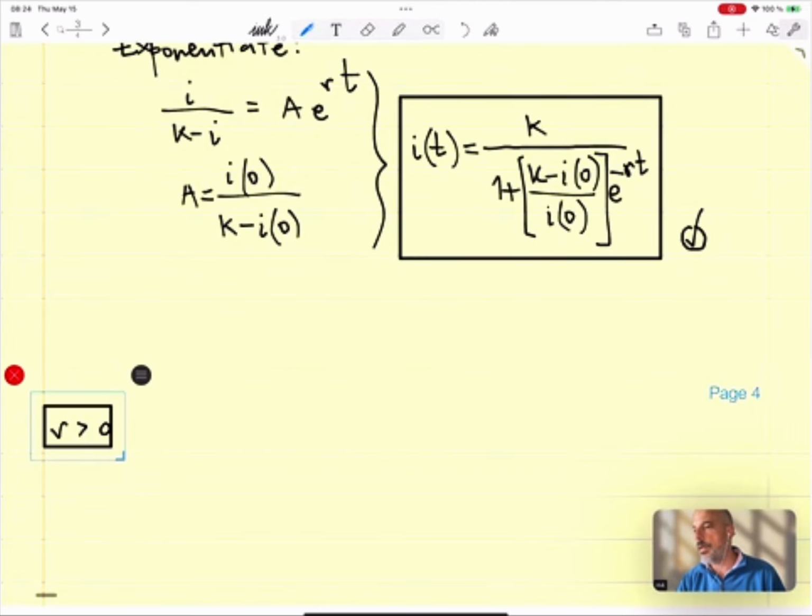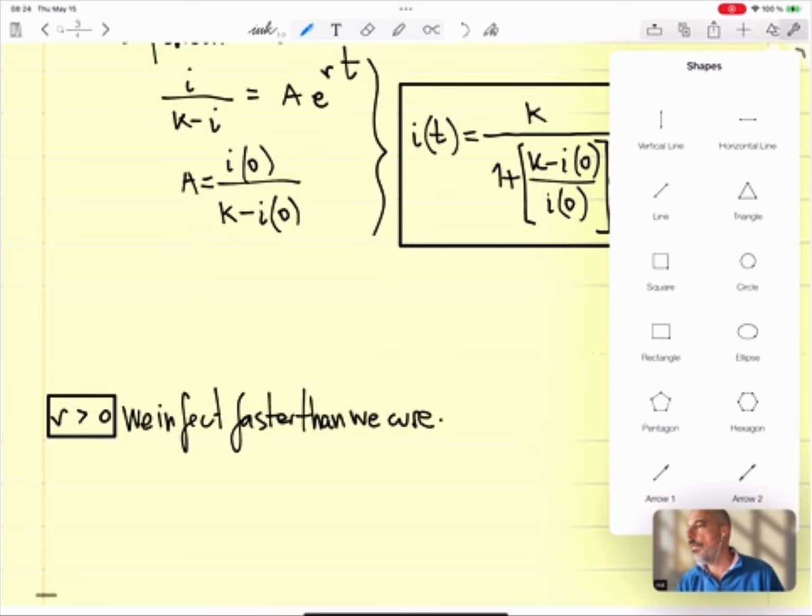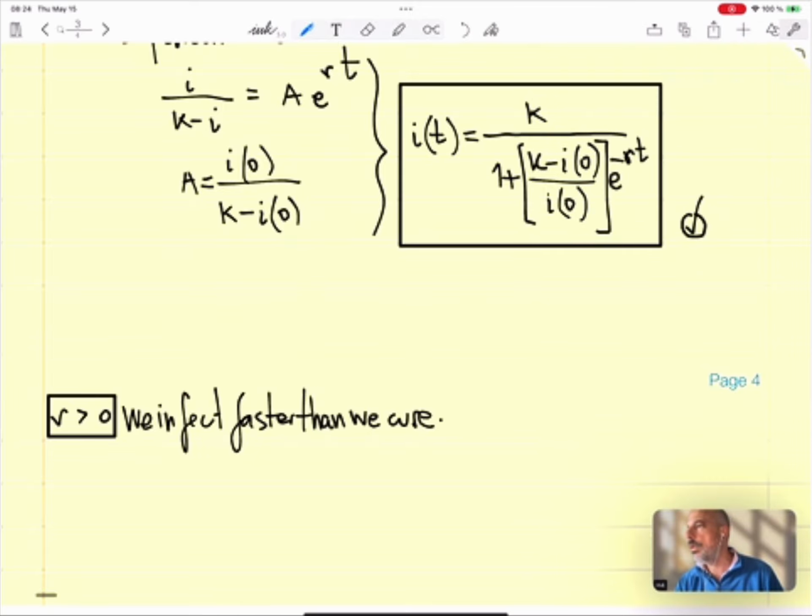For r bigger than 0, we infect faster than we cure, and as a result we have the following behavior of the system. This is the time, and this is I of t.